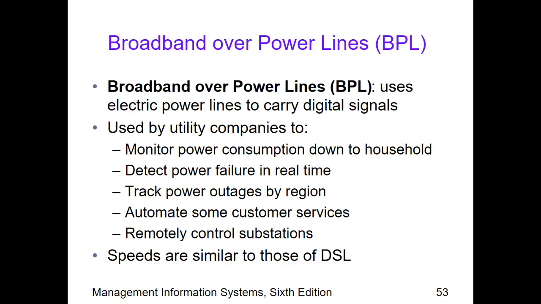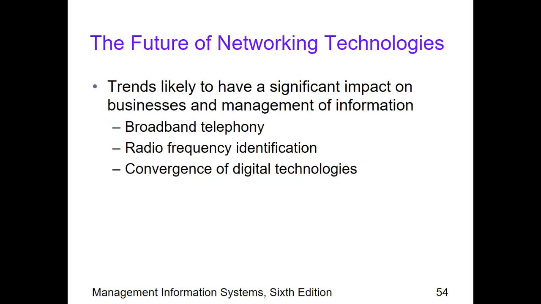Speeds are similar to those of digital subscriber lines, with telephones being required for the installation of the internet in the homes that can be utilized for the connection of the devices. Then the future of networking technologies would have these trends and would have significant impact on businesses and management of information: broadband telephony, so we can make use of our internet connection to call.